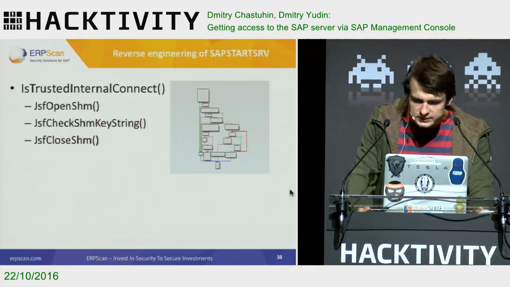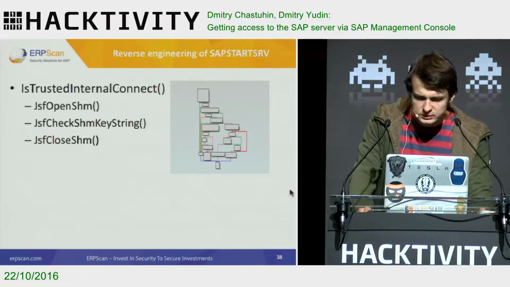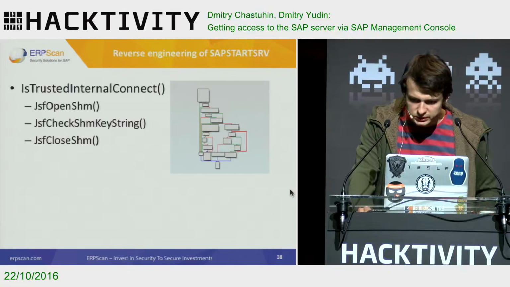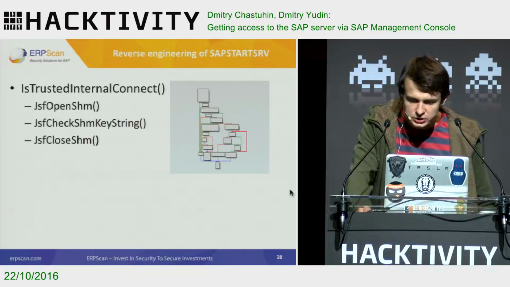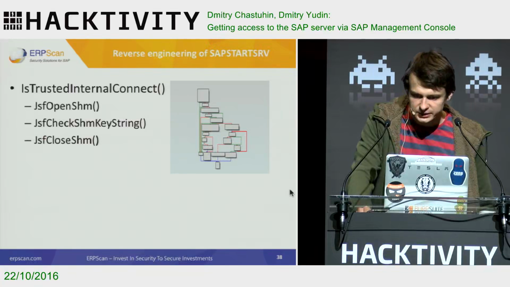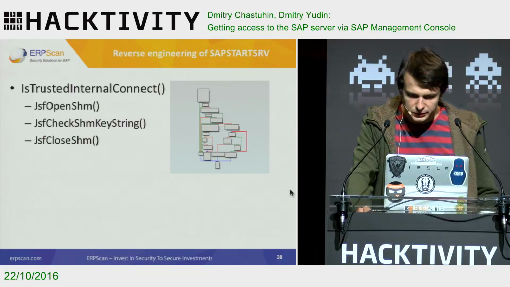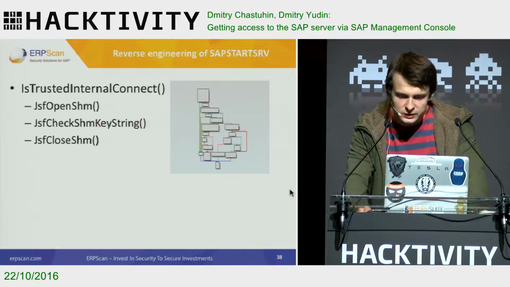So, we disassemble and try to understand how authentication works. SAP Start SRV gets the HTTP request, extracts the username and password, and checks them. Because it should be an OS level user and password, the server checks it using OS information. But we found one interesting thing.